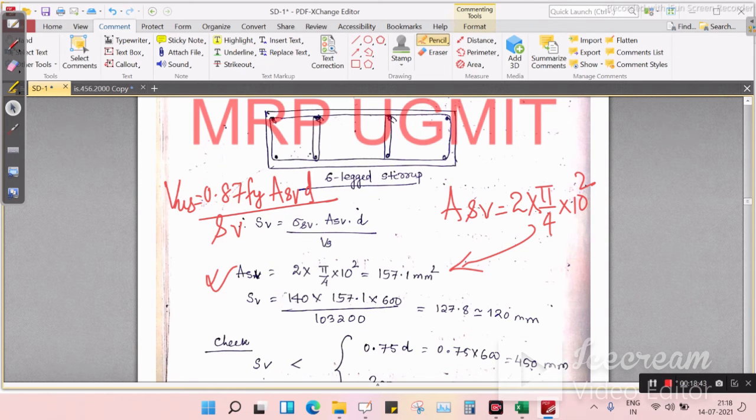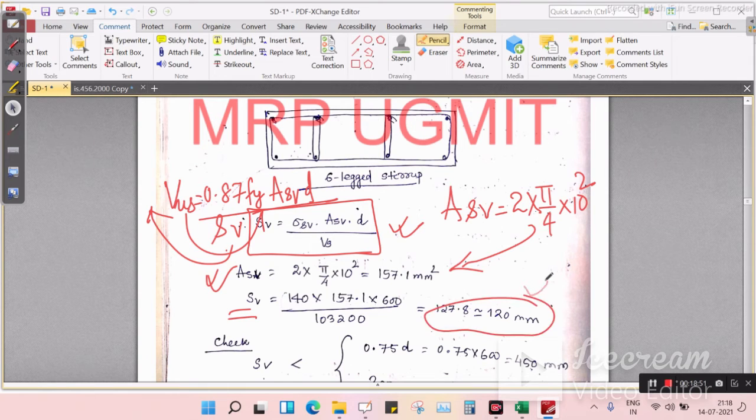So we need sv, so we will move sv here and Vus here. So this formula will be like this. So sv is 127.8, that is nearly 120 mm. So this is the spacing between stirrup to stirrup in our beam.